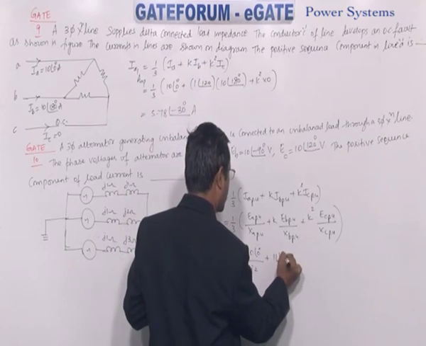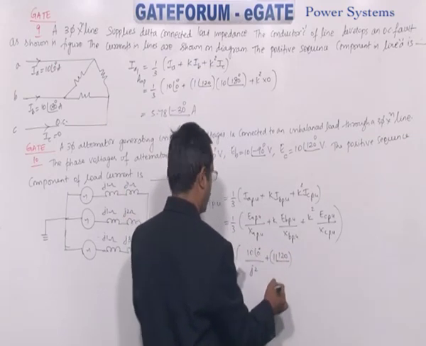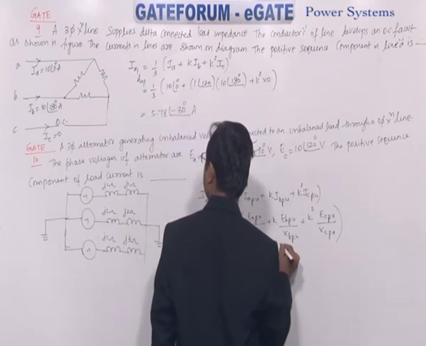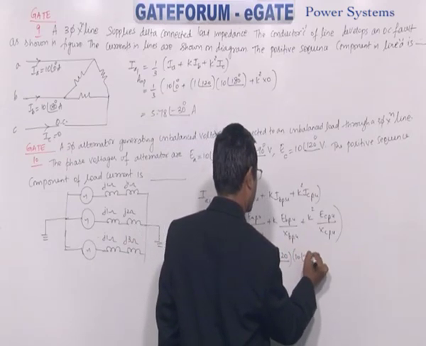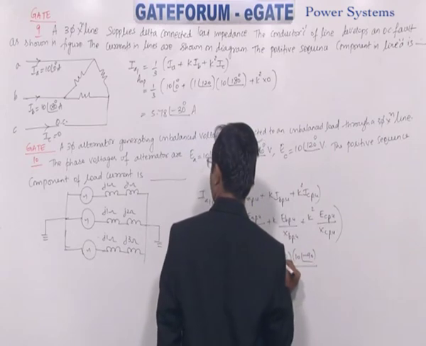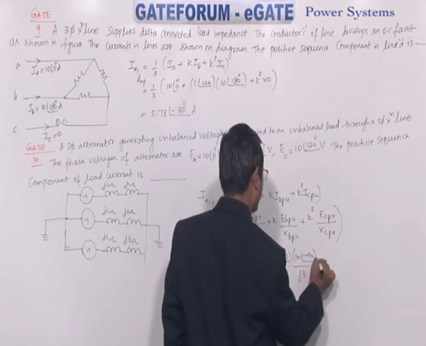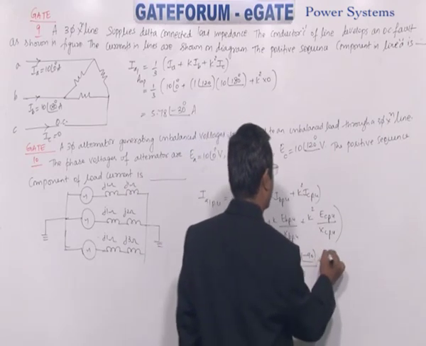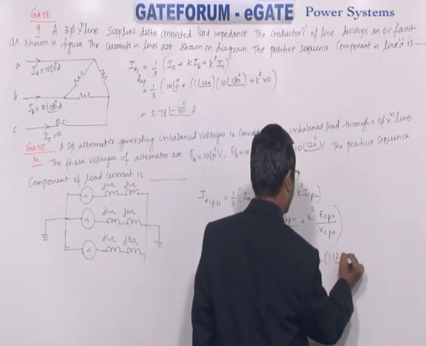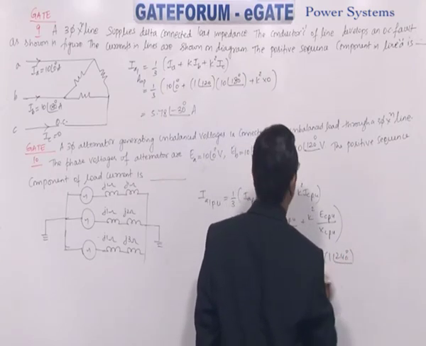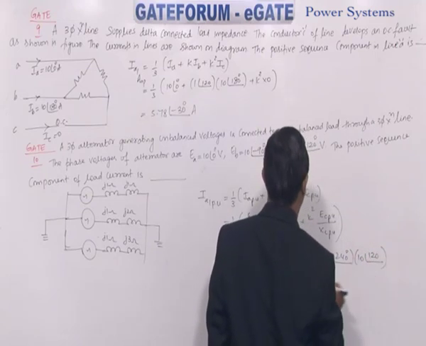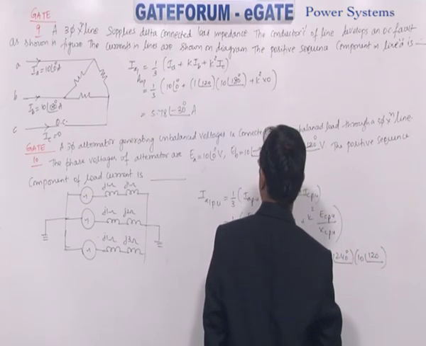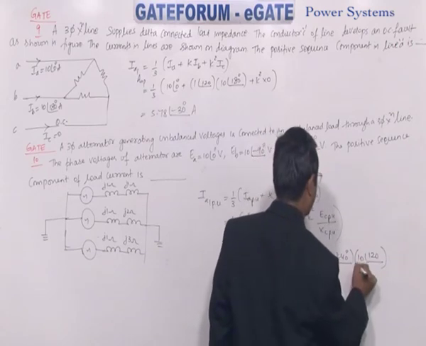K is 1 at angle 120, EB is 10 at angle minus 90, XB is j3. K squared is 1 at angle 240, EC is 10 at angle 120, XC is j4.